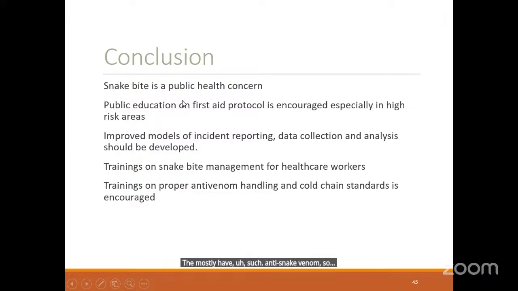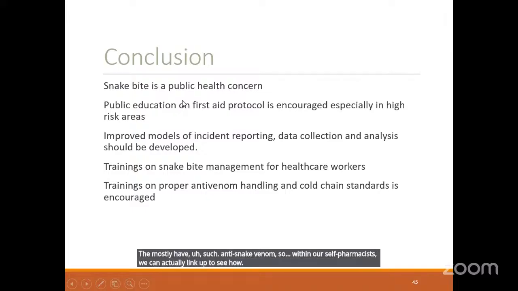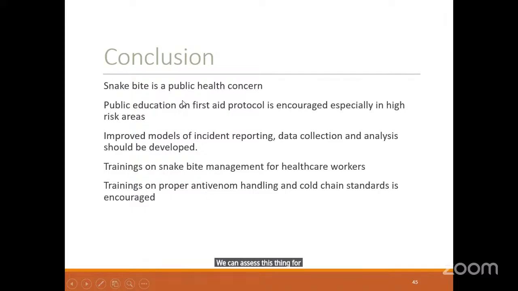So within ourselves, pharmacies, we can actually link up to see how we can access this for better and quality healthcare as related to this. Thank you very much. All right.